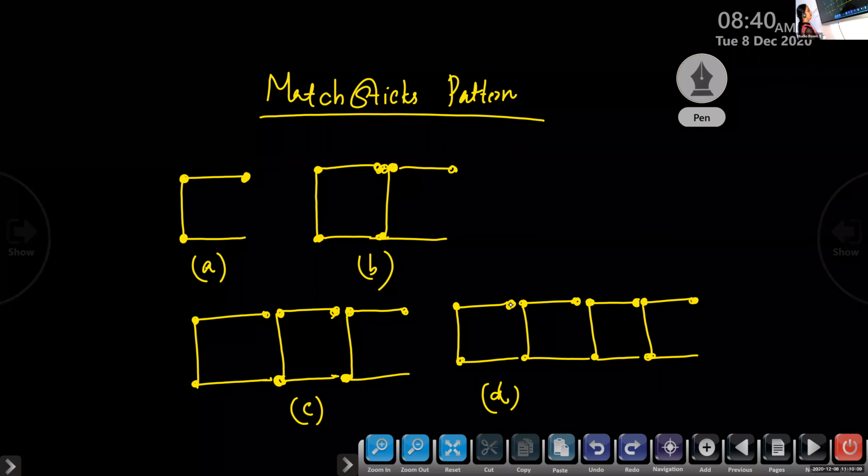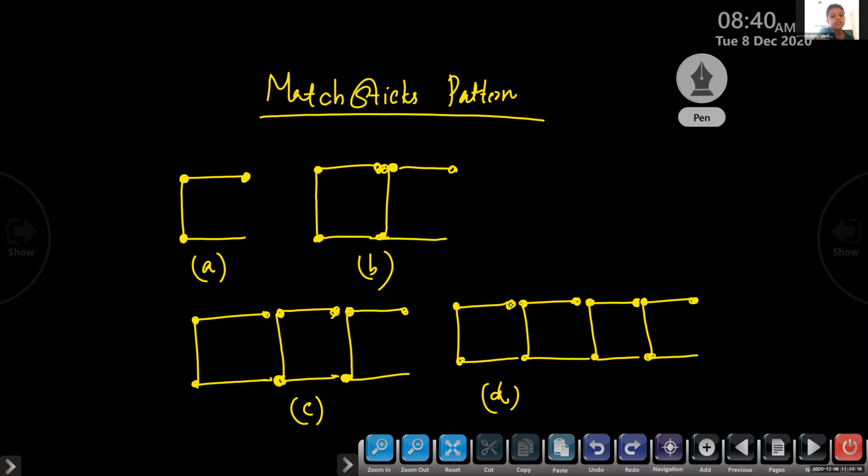Okay, those who did not write can write it now. Ma'am, we can write E also. Yes, you can also write it, but no need of drawing too much. This much is enough. Now we are deriving the formula, right?